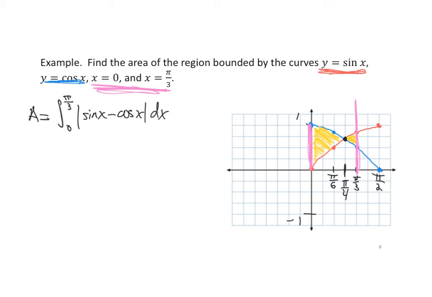So to make this more practical, I'm going to split this up into two integrals. Integral from 0 to pi over 4, because that's where the change happens, plus integral from pi over 4 to pi over 3.